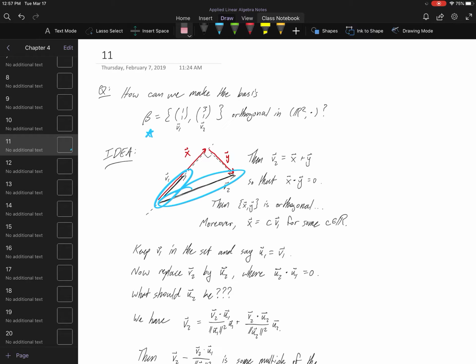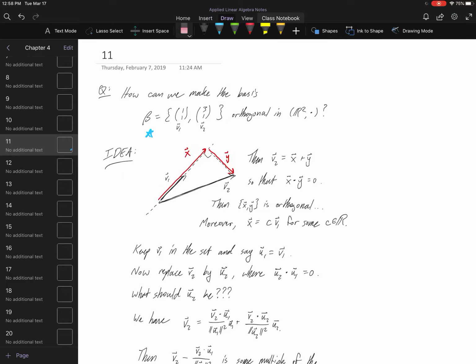We would like to take this basis and pull the vectors around in such a way that they are not too far from where they started. We're not modifying the set too much, and yet we are still creating an orthogonal set at the end of the day.